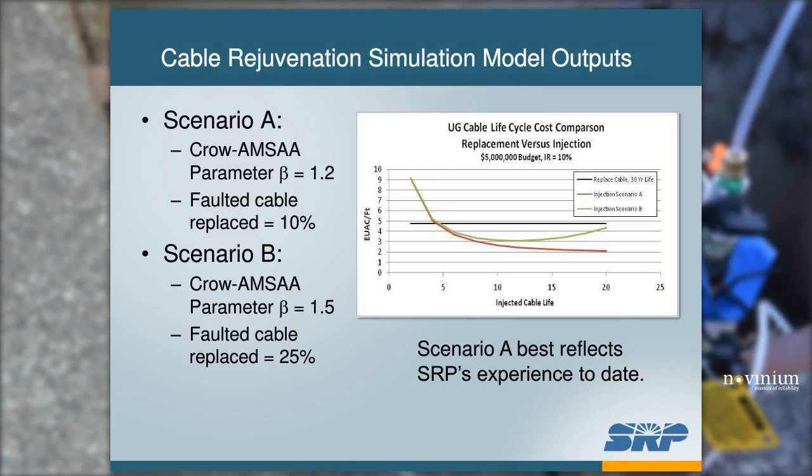Currently, at SRP, we have 15 years of injection under our belt. So most of our cable is, a lot of it's between that 10 and 15-year mark or older cable. And scenario A best reflects what we're currently seeing for our injected cable.